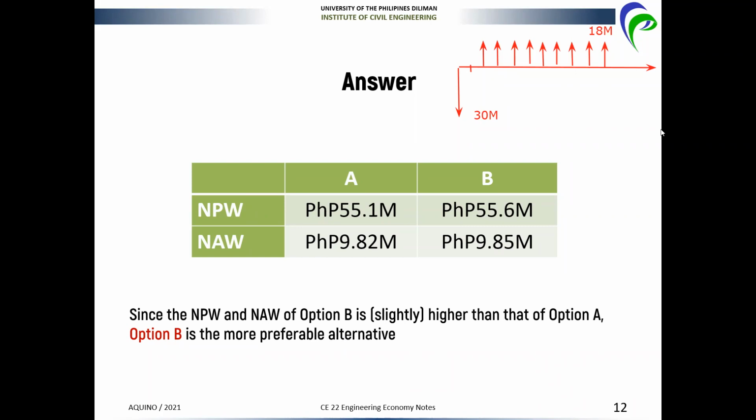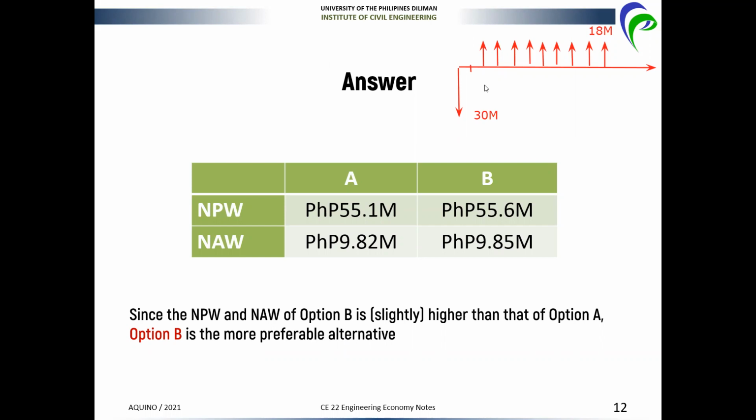Next, let me just... it's supposed to be 55.1 pa. Double check na lang ng calculations.